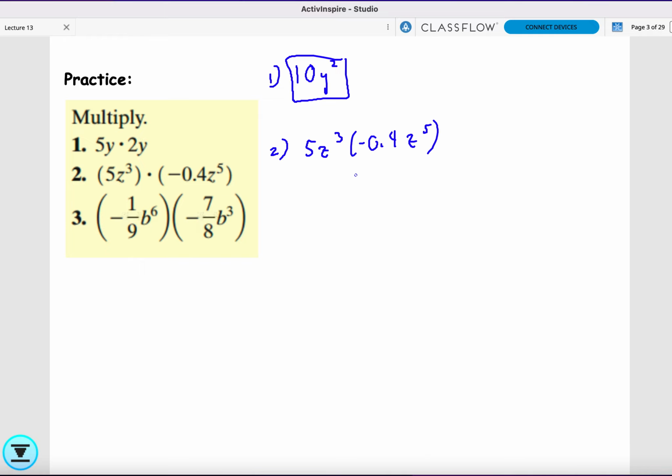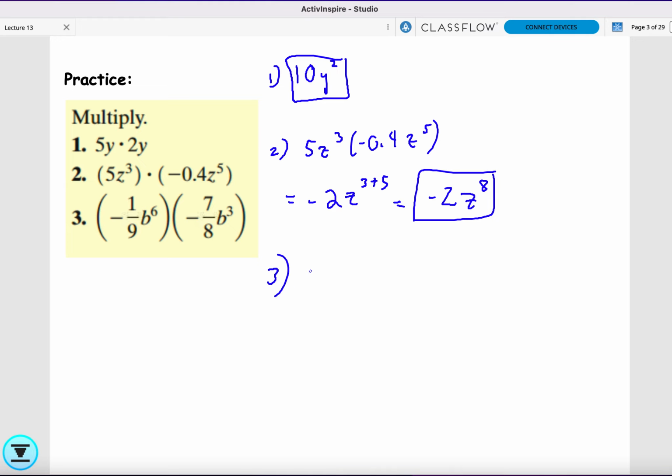So we're going to do 5 times negative 0.4, which is negative 2. And then z to the 3 plus 5. So z will be 3 plus 5, which is 8. Negative 2, z to the 8. And we're done.